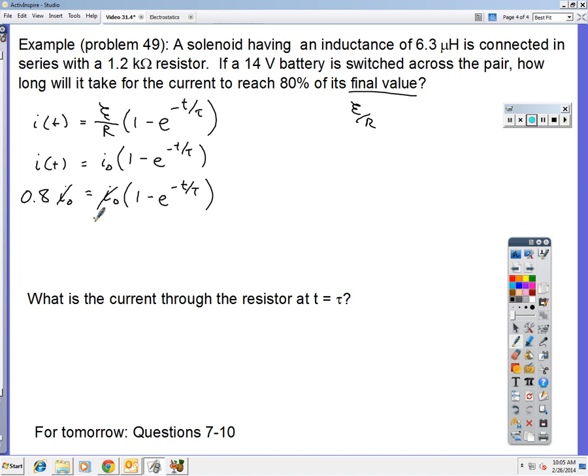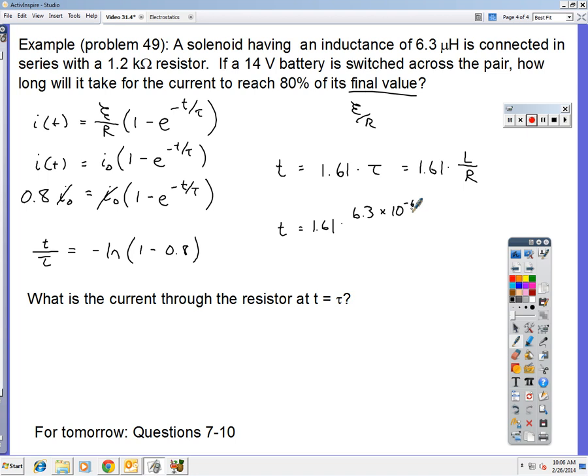And we have to do quite a large amount of algebra here. But you end up with t over tau equals negative natural log of 1 minus 0.8. And therefore, t equals 1.61 times the time constant, which is 1.61 times L over R. Plugging in the values for L and R. L is 6.3 times 10 to the minus 6 henries.